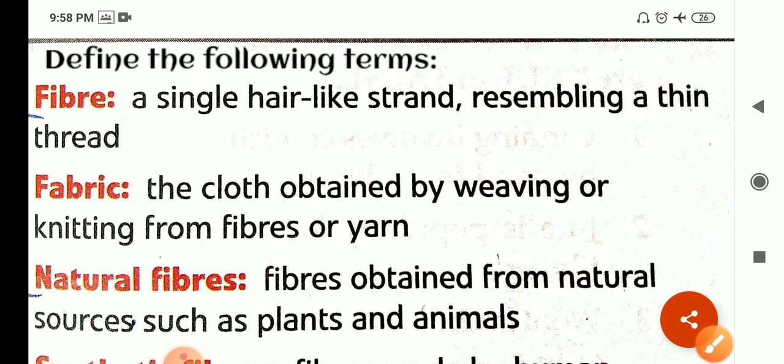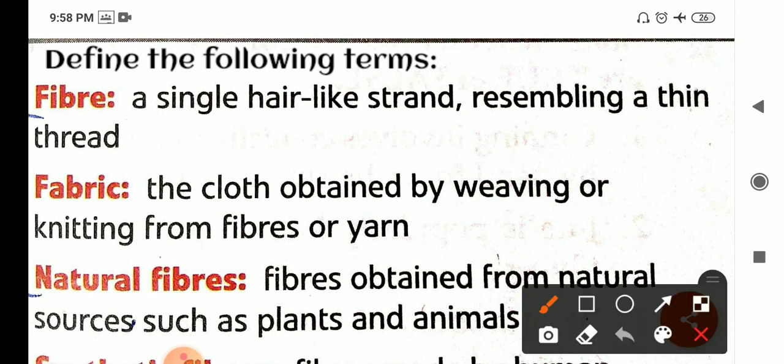Fibers that are obtained from natural sources such as plants and animals are called the natural fibers, right? For example, we can give cotton, and the next examples are jute, flax, coir.